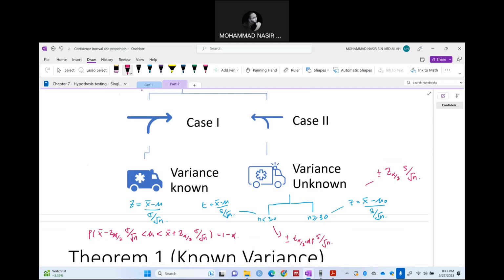The value of point estimate is the same. So the thing that we've changed is the margin of error for this confidence interval. If you follow this diagram, then I think it should be okay. You can identify what type of statistical test that you want to use.